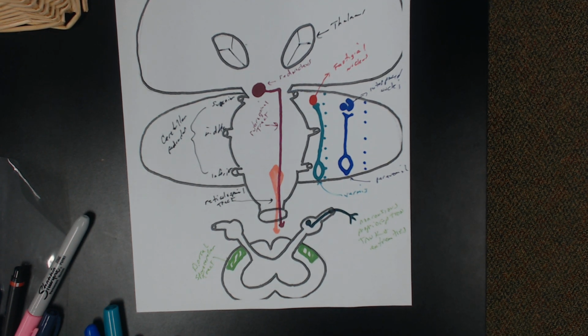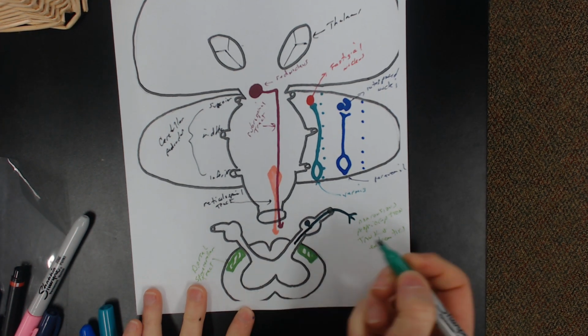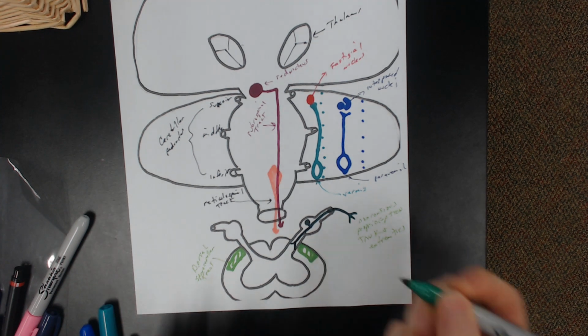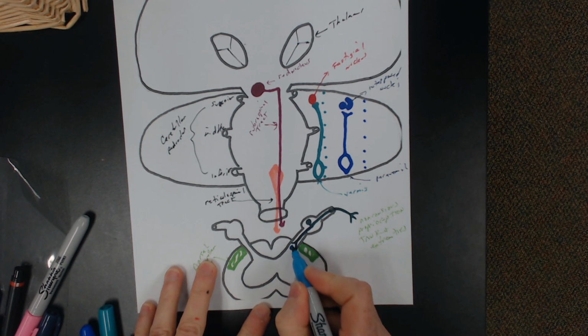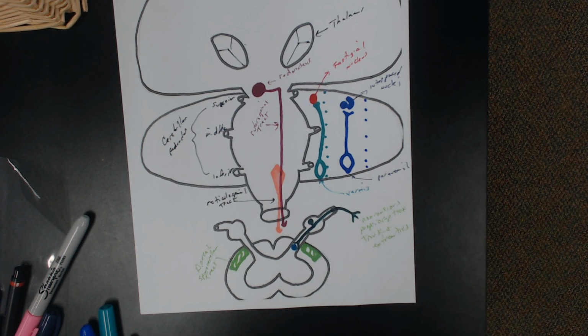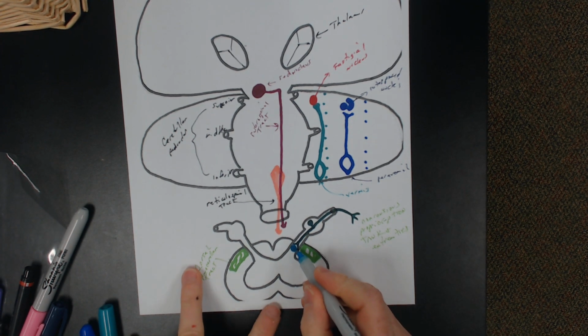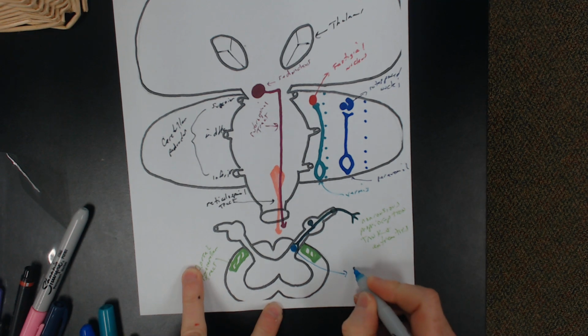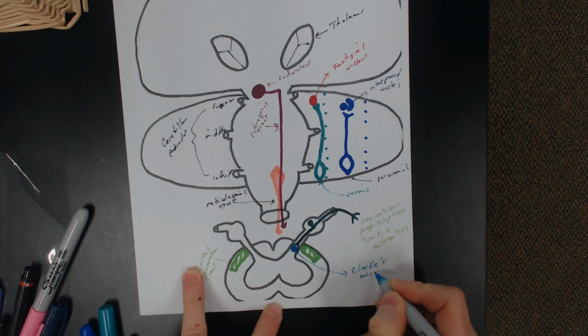Okay, that somatosensory neuron then synapses here in the dorsal gray horn. It's going to synapse on a nucleus with a special name, and the name of this nucleus is Clarke's nucleus, C-L-A-R-K-E.